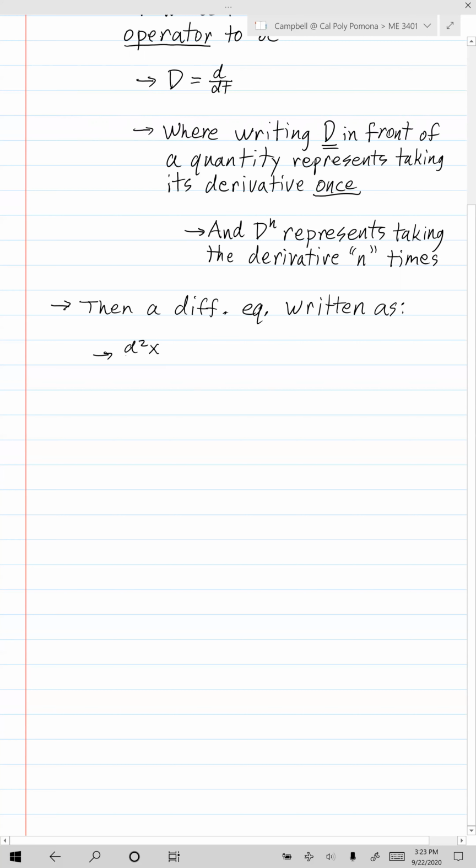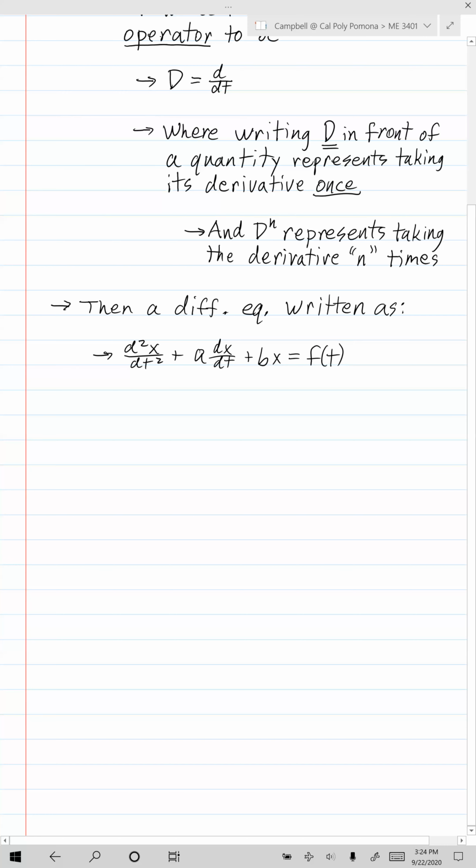So d squared x dt squared plus a dx dt plus bx is equal to f of t.